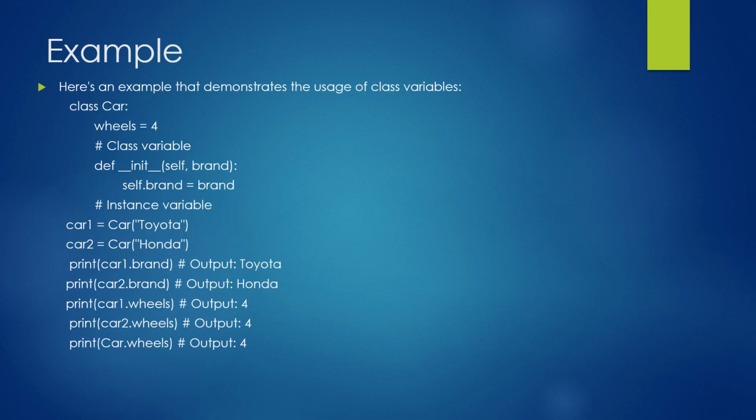Example. Here is an example that demonstrates the usage of class variables. Here we have created a class Car which has an attribute wheels. As we know, a car has 4 wheels. We gave the attribute wheels equal to 4. Here wheels is the class variable as it is written before the constructor init. And we use the constructor def init self comma brand.